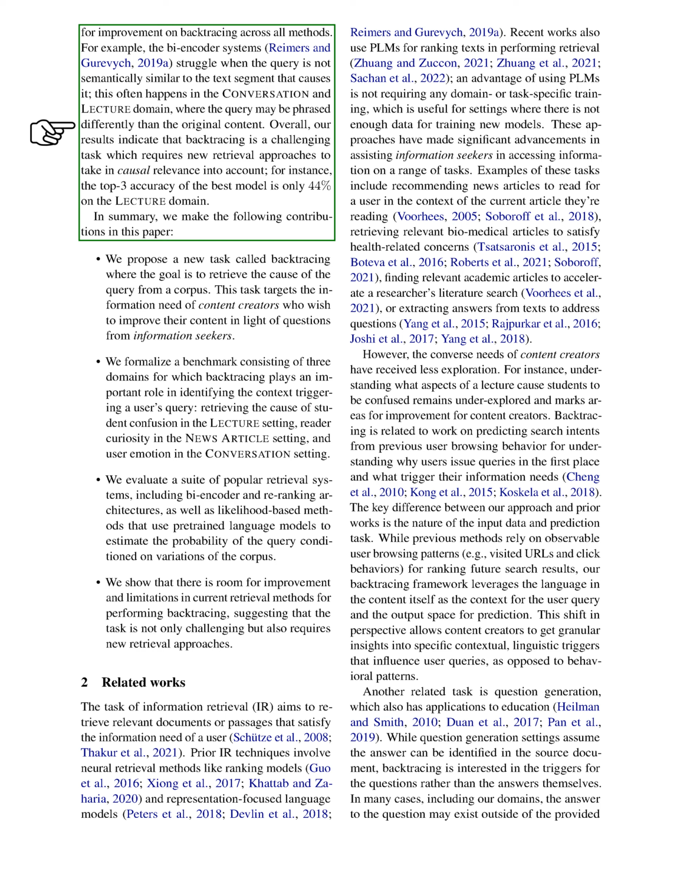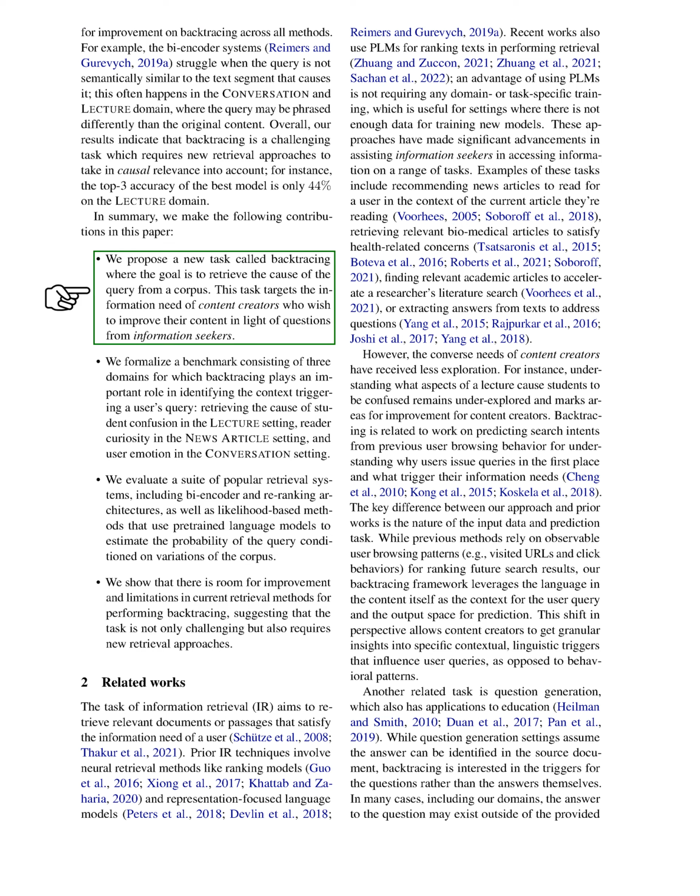Our findings reveal that there is significant room for improvement in backtracing across all evaluated methods. For instance, bi-encoder systems often struggle when the query does not semantically match the text segment that triggered it, a common scenario in the lecture and conversation domains.